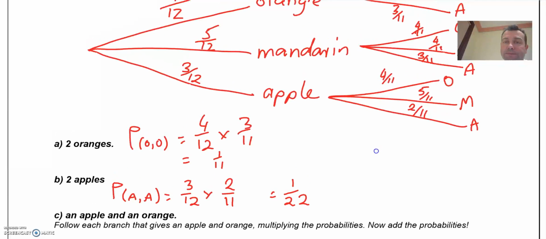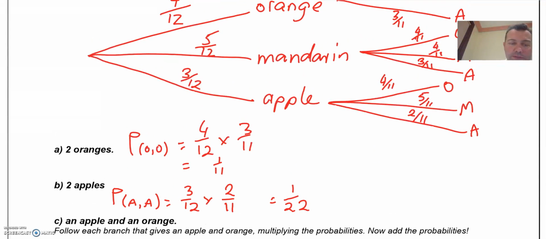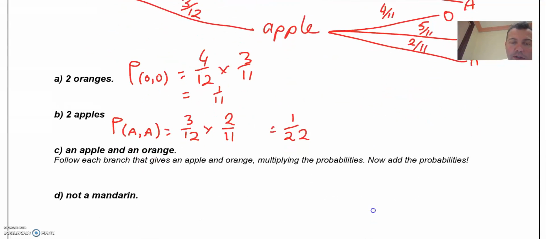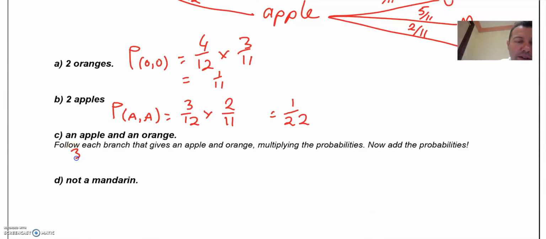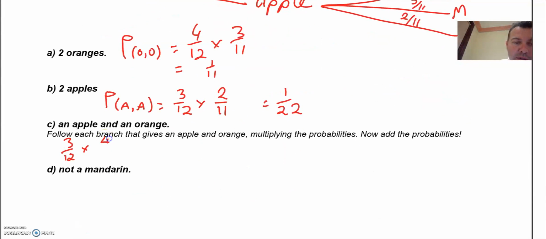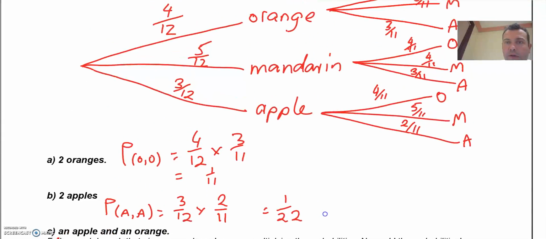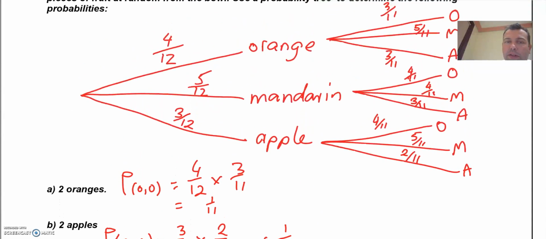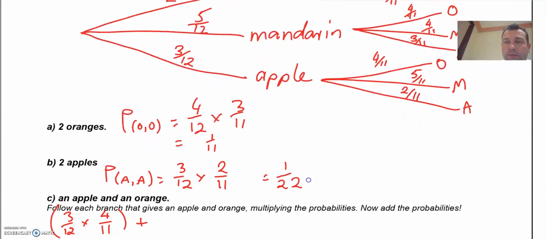Careful. Now, let's say apple orange first. That's, better make sure I'm in screen here. 3 over 12 times 4 over 11. Right, that's the apple followed by an orange, plus, right, because it's an or, orange followed by the apple. That's 4 over 12 times 3 over 11. Did I say plus?